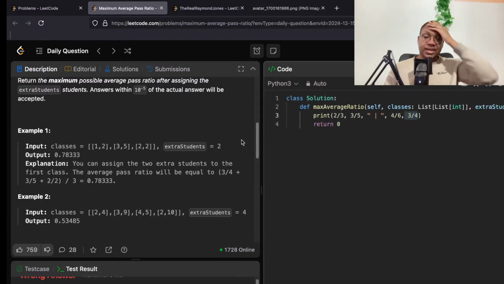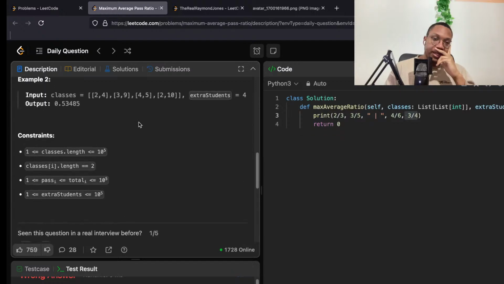And the problem is I don't know if this is big enough for a heap. I could just put everything into a heap and then get the smallest value in the heap, min heap it. But this example kind of proves that it's not that simple.